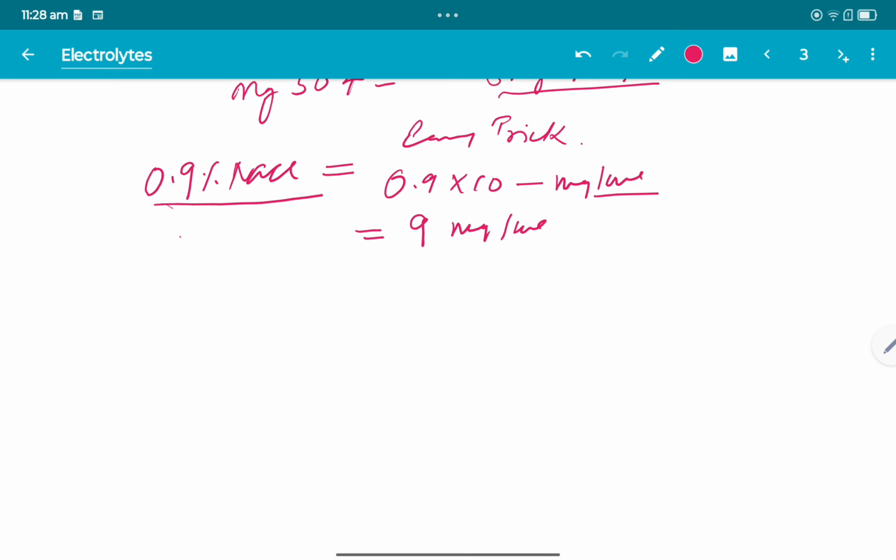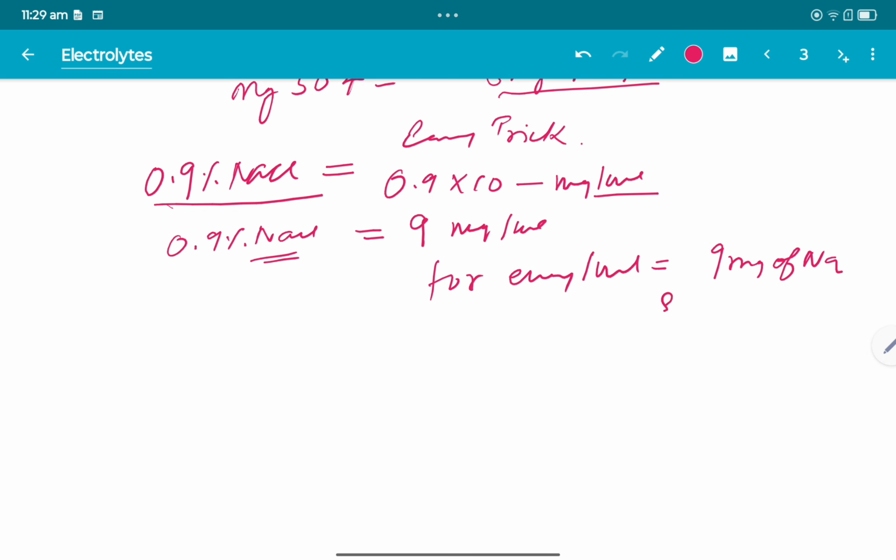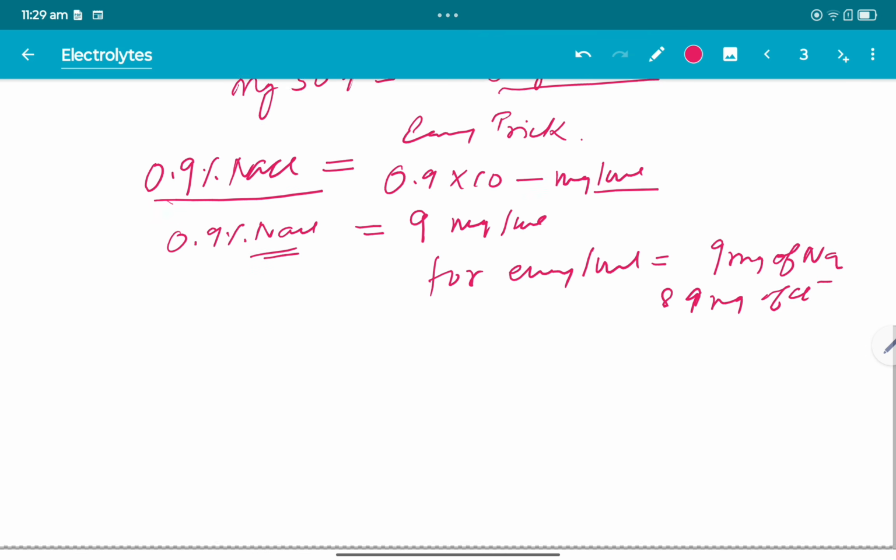So 0.9% NaCl means for every 1 ml you will have 9 milligram of sodium chloride. Okay.